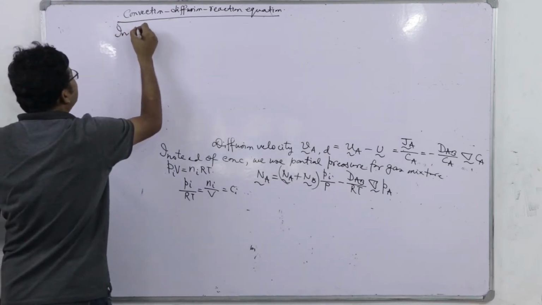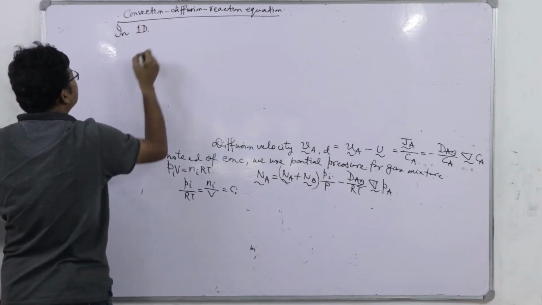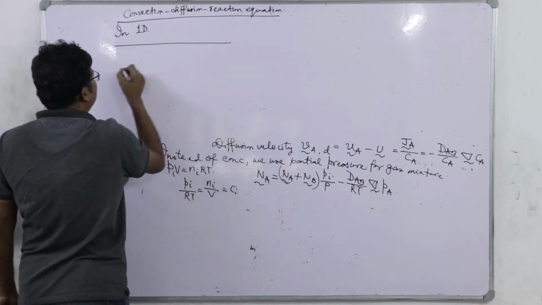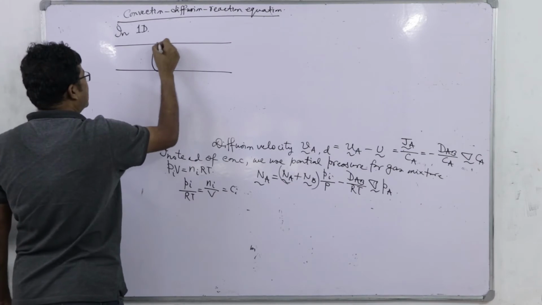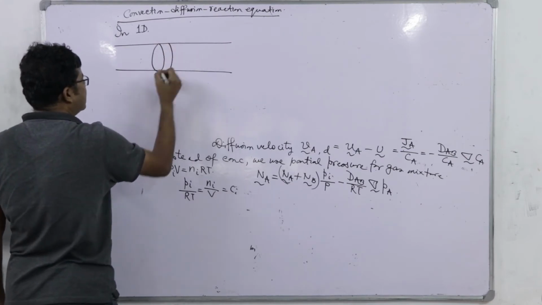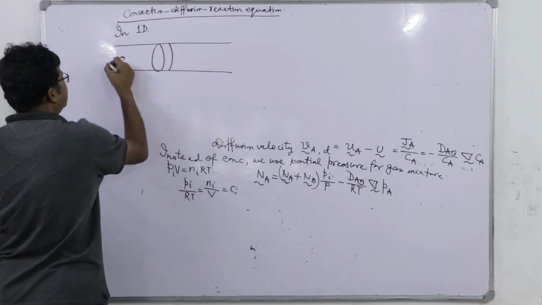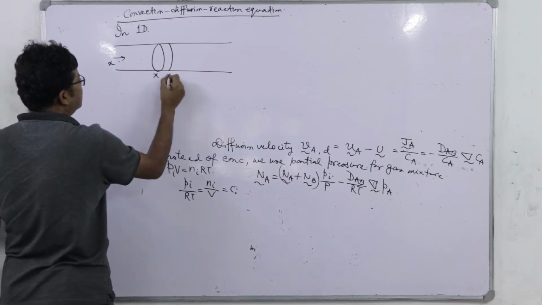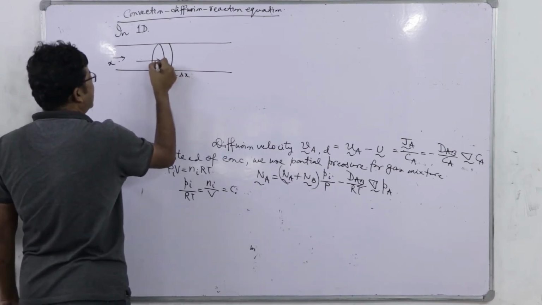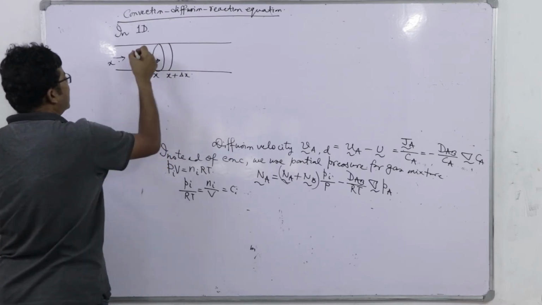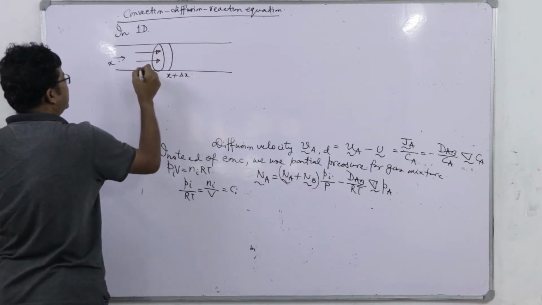In 1D, see, we have a one dimensional transport to simplify the geometry of this case, and this is say x direction, this is x plus delta x, and here we have diffusive transport, we have also the convective transport.